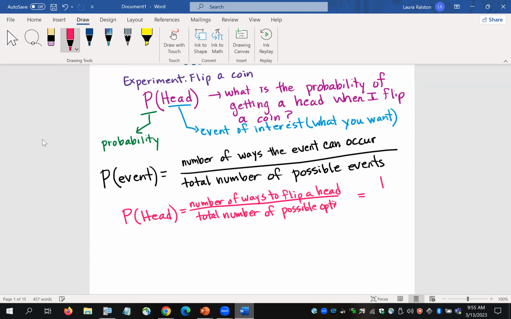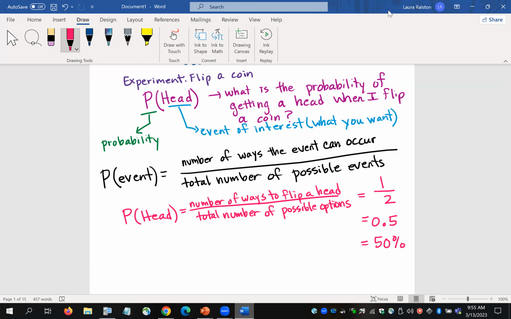Well, when I flip a coin, there's only two options. So the probability of a head would be 1 out of 2, or 0.5, or 50%. Probabilities can be written as fractions, decimals, or percents.